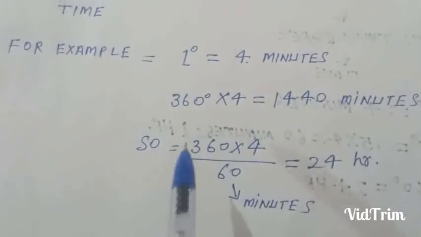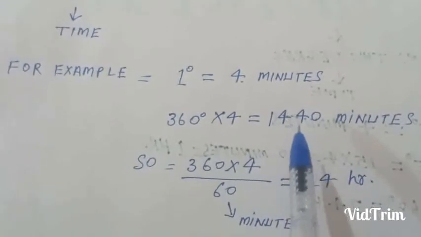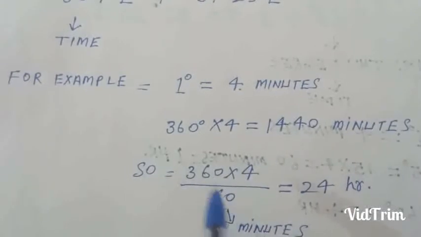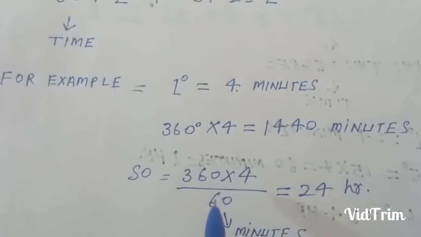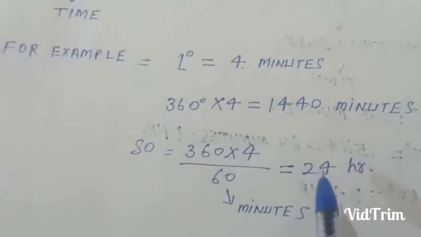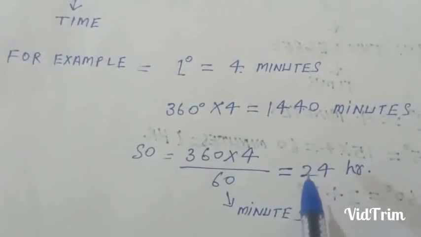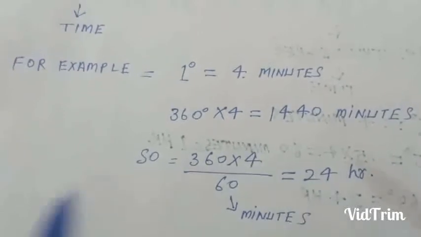This 1440 minutes we divide by 60 minutes. So 360 into 4 divided by 60 will become 24 hours. That's why student, you know our earth takes 24 hours to complete one rotation.